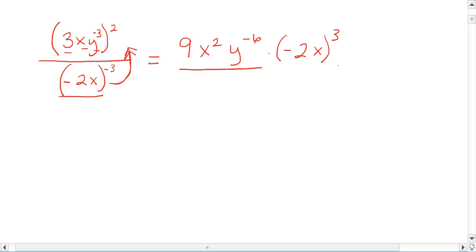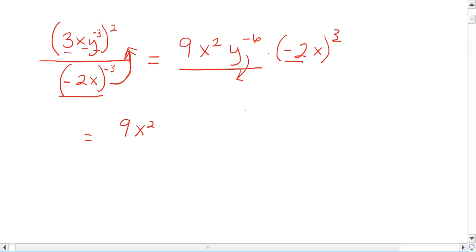I'm not quite done with my keep-flip part, because this y has a negative exponent, so we're going to flip that down. I'm just going to leave my 9x squared alone, but let's take this negative 2 to the 3rd power. Negative 2 times negative 2 is positive 4.